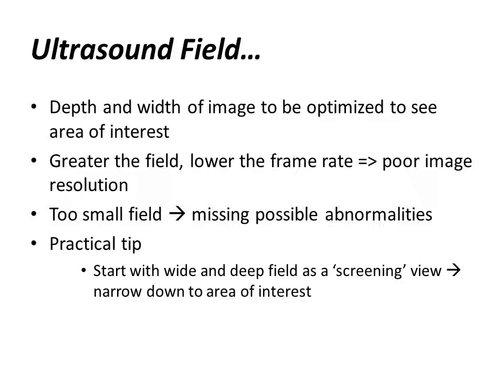So a practical tip is to start with a wide and deep field as a screening view, which means a very long view, about 15 to 20 centimeters, and as wide a sector as you can choose, until you start to vaguely see what you want to see, and then optimize the sector width and the depth.